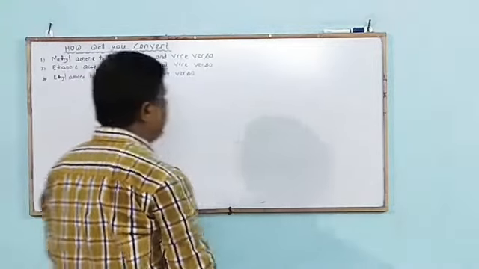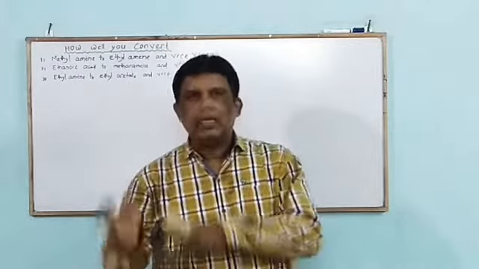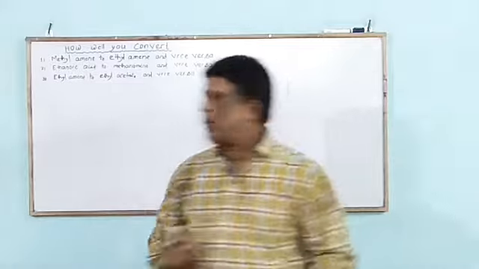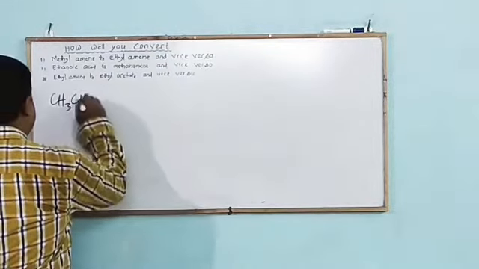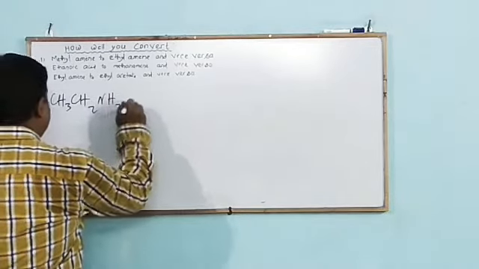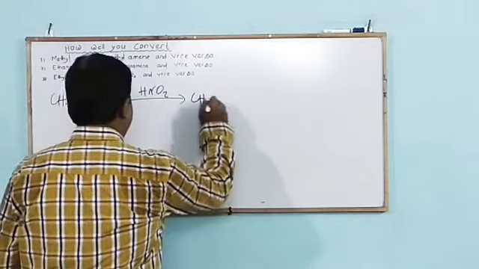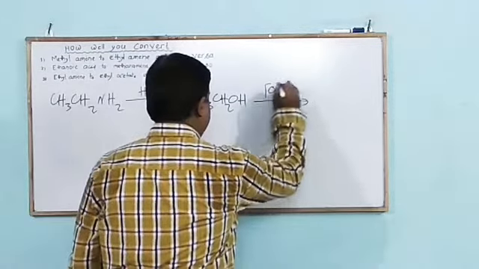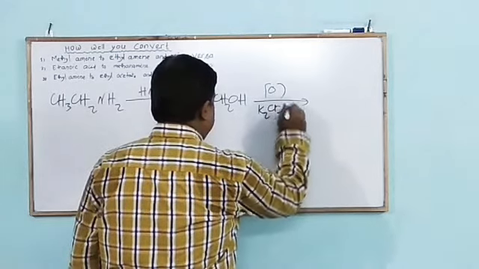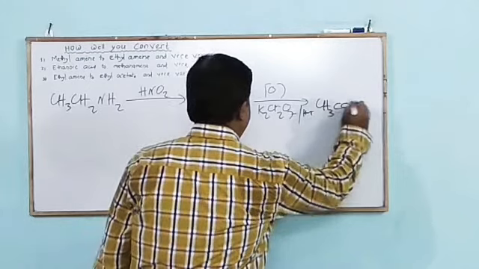Ethylamine to ethyl acetate and vice versa. First, ethylamine CH3CH2NH2 reacts with nitrous acid HNO2 to form ethyl alcohol. Ethyl alcohol on oxidation in presence of acidified potassium dichromate forms acetic acid.